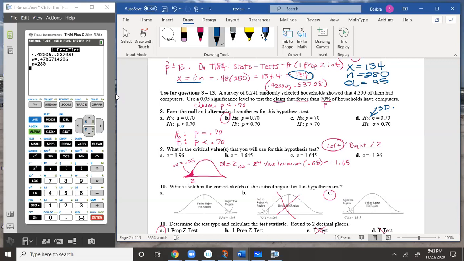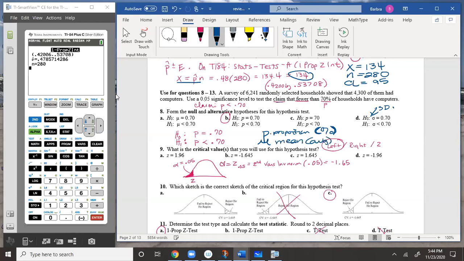So P is proportion, right? So anytime you're given a percent or a proportion, we're going to use the parameter P, okay? And then mu is the mean or the average.